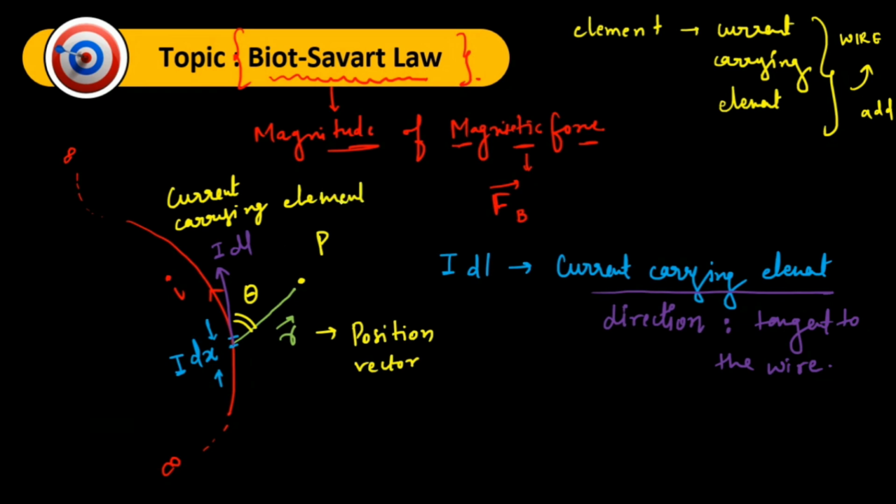Now, according to Biot-Savart law, that magnetic field, which is represented by B vector, will be there for the whole wire.